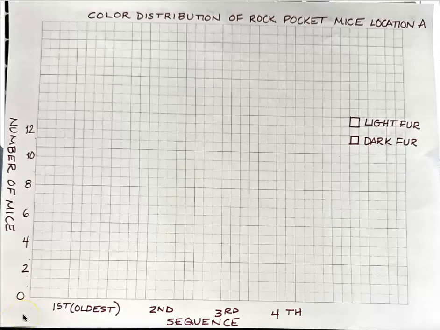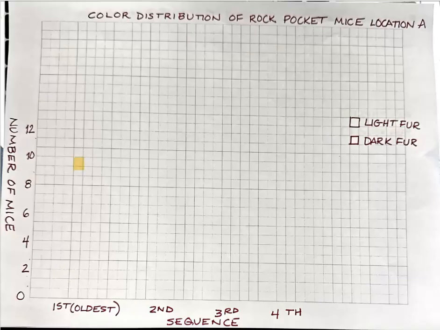So when I look at the data on the bottom of page 25 and I look at the first column where it says oldest is the first, and it says the number of light mice are 10, that means I am going to fill in my bar graph up to 10.